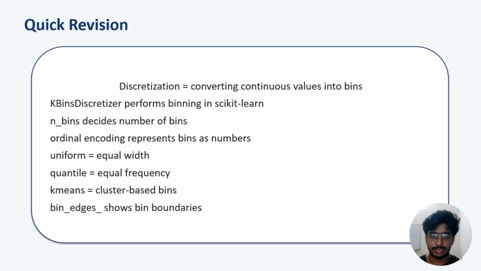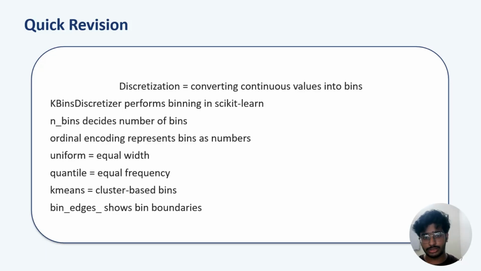Strategy: if the strategy is uniform, it creates equal width bins. If the strategy is quantile, it creates equal frequency bins. And if the strategy is kmeans, it creates cluster based bins. Fit transform is used on training data. Transform is used on the testing data. And bin edges show the boundaries of bins. Okay.